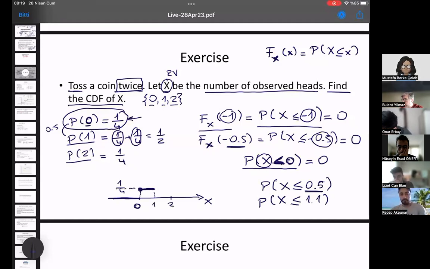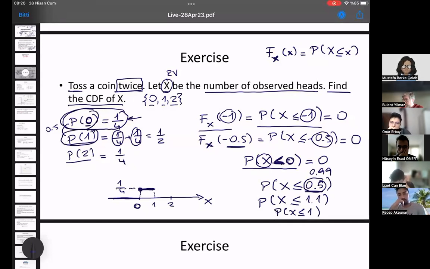Until 1. If this reaches 0.99, then it is still 1/4. When this reaches 1, arkadaşlar, and probability of x less than or equal to 1, then it becomes this one plus this one, okay? Why?